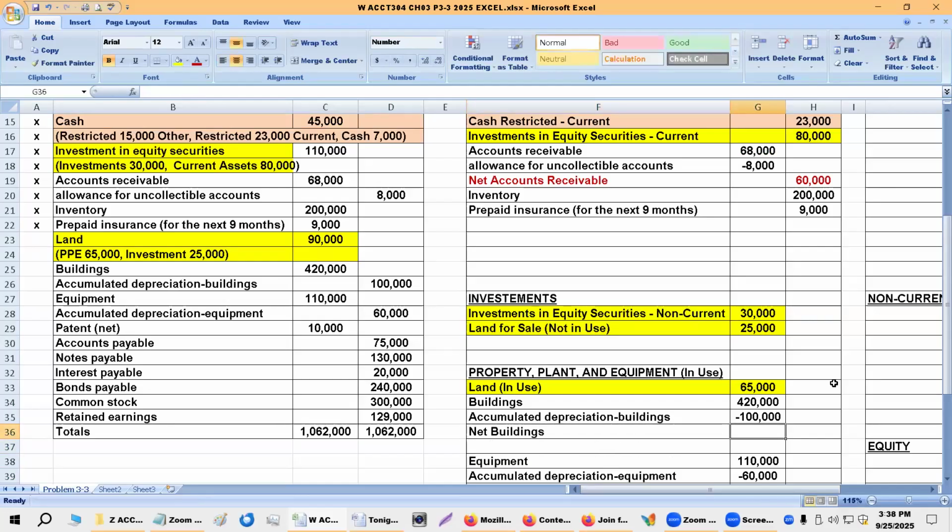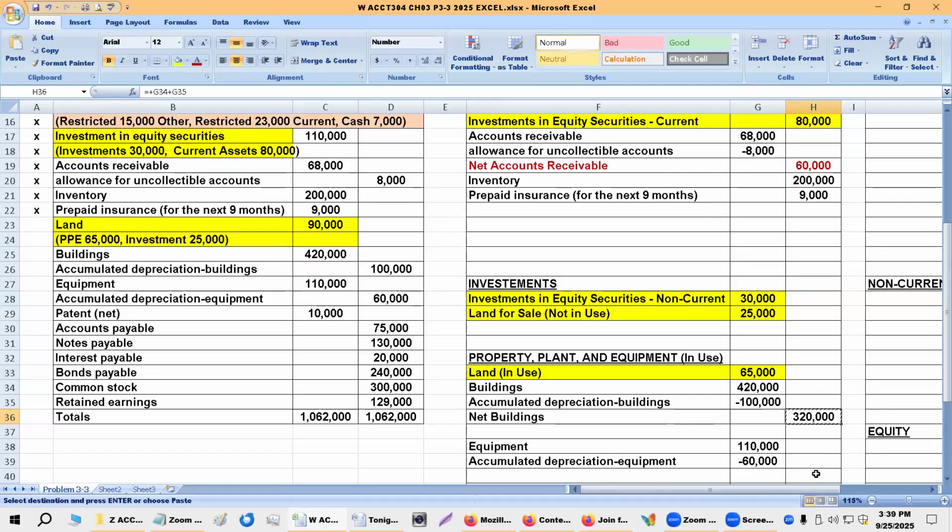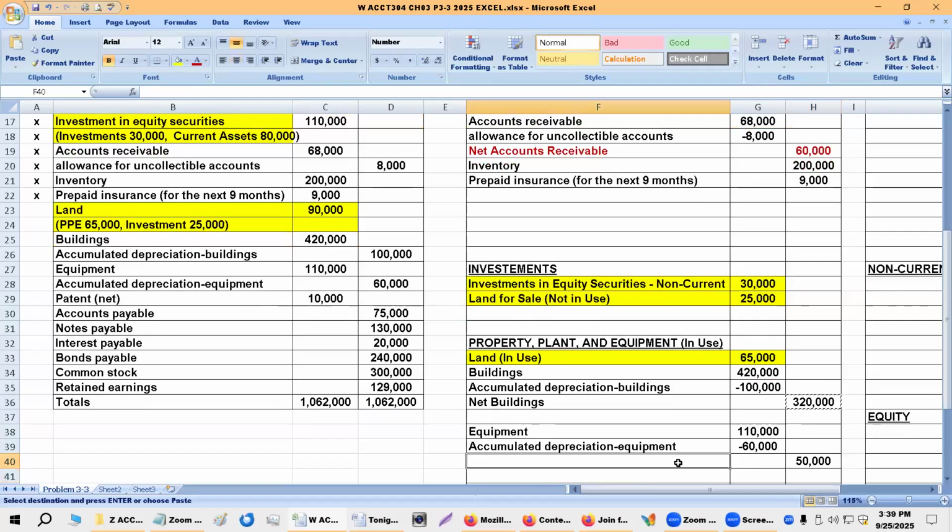Net buildings. $320, that looks correct. Focus, be net equipment.